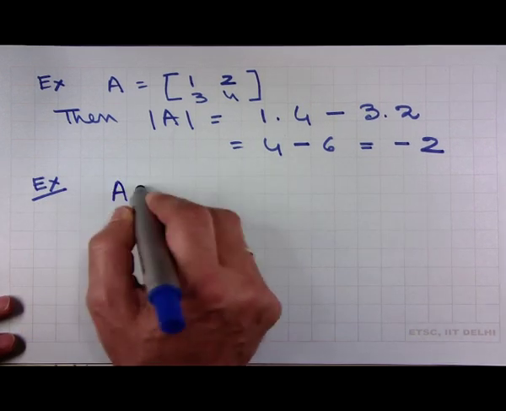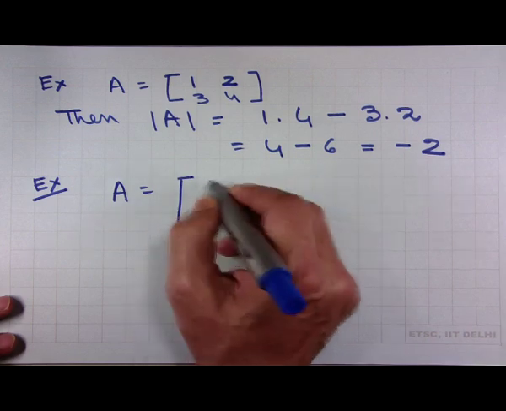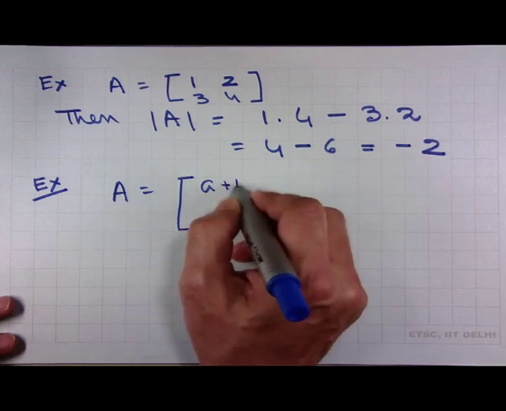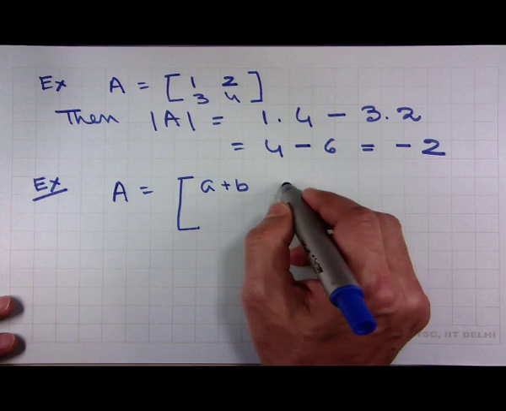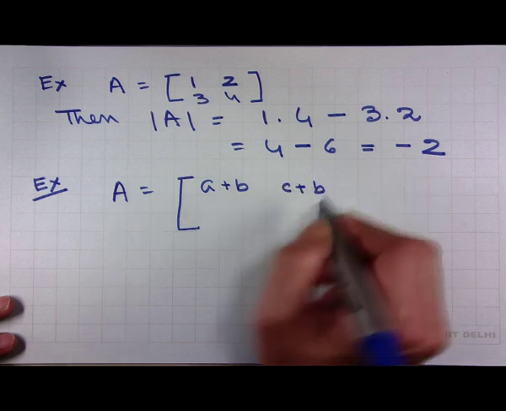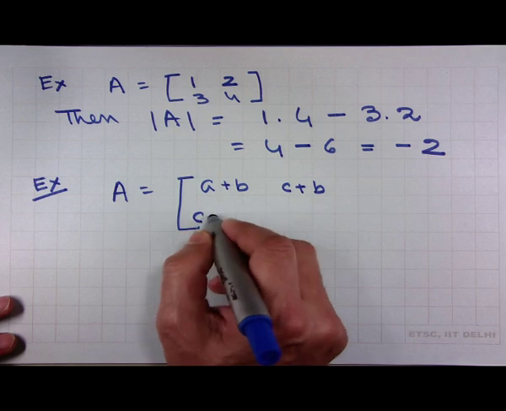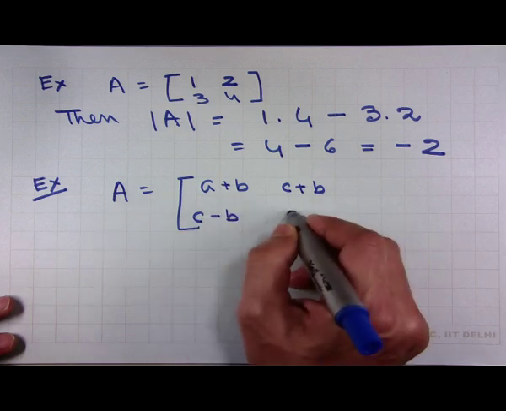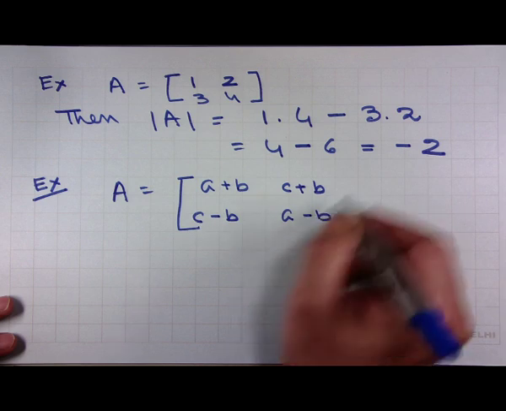Another example, A is equal to a plus b, c plus b, c minus b, a minus b.